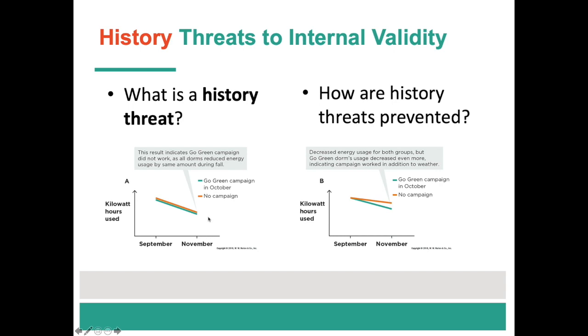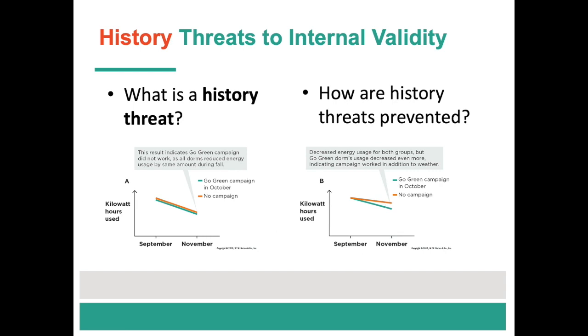Probably because it's getting colder, we're using less AC, things like that. If this were to happen though, so the Go Green actually ends up lower than the No campaign, this suggests that maybe it is actually helping in addition to what is already happening just due to weather.